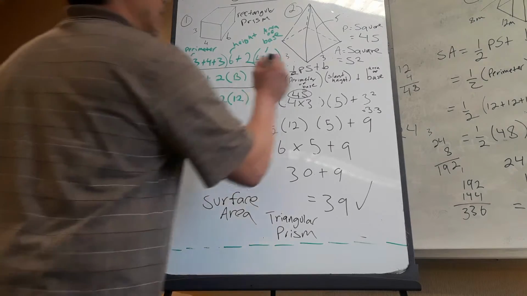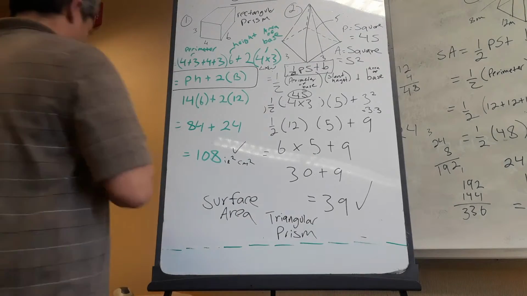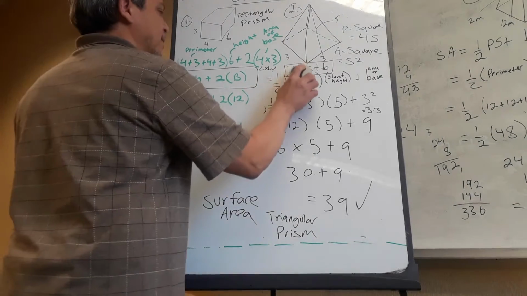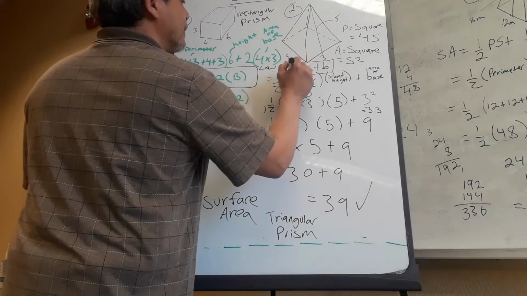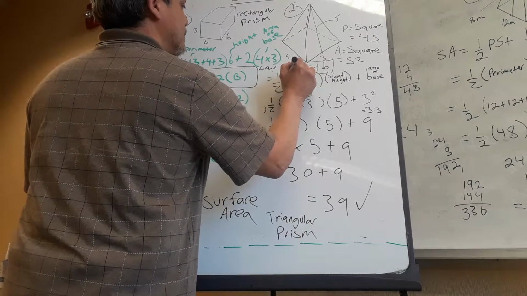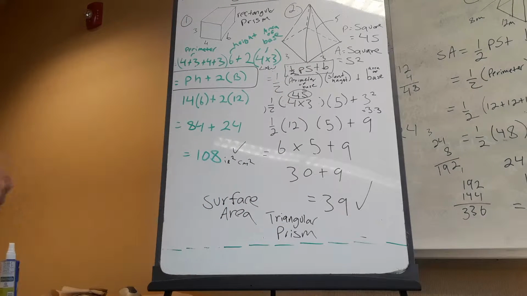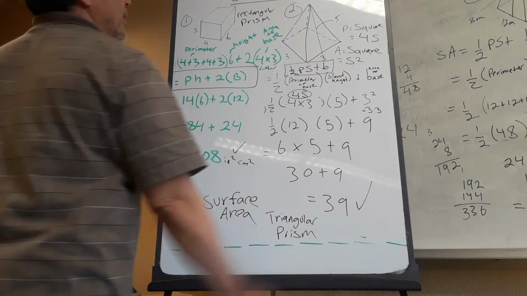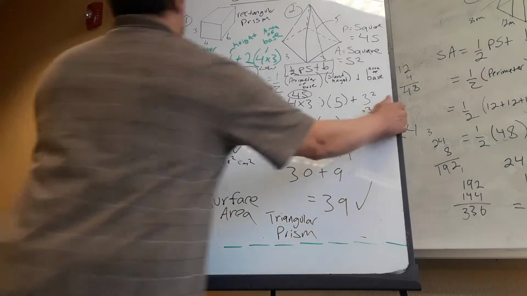Now remember, this is the formula right here for the triangular prism. So that's 1 and 2. Now I'm going to do 3, 4, and 5.